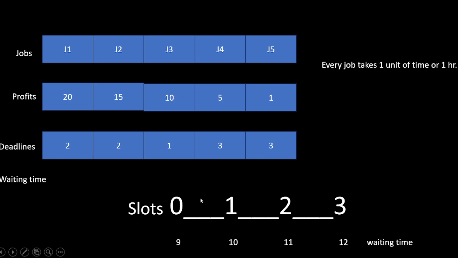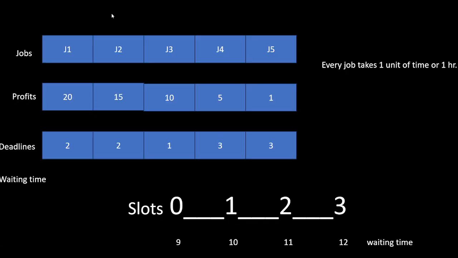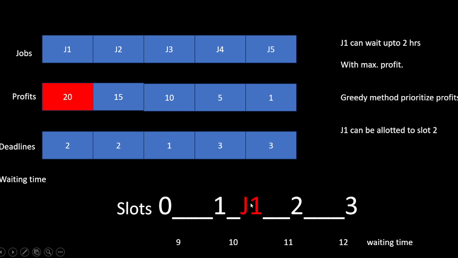Why? Because you have 2 slots, this is your first slot and second slot. So you plug the value of J1 into the second slot. You can see how it was fitted, and the profit for that is 20.